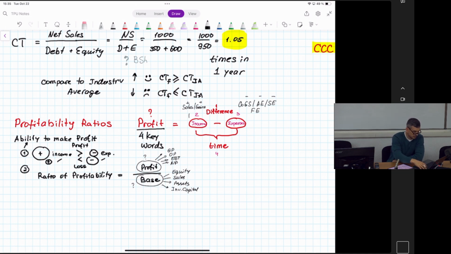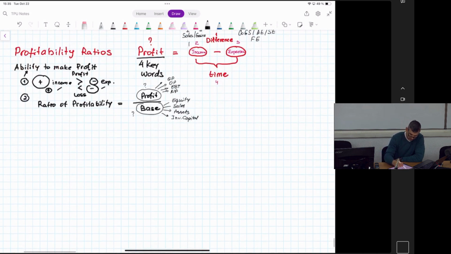Okay, let's continue. The first ratio of profitability will be 3.1. It is return, Nikita, on your presentation, return on equity.